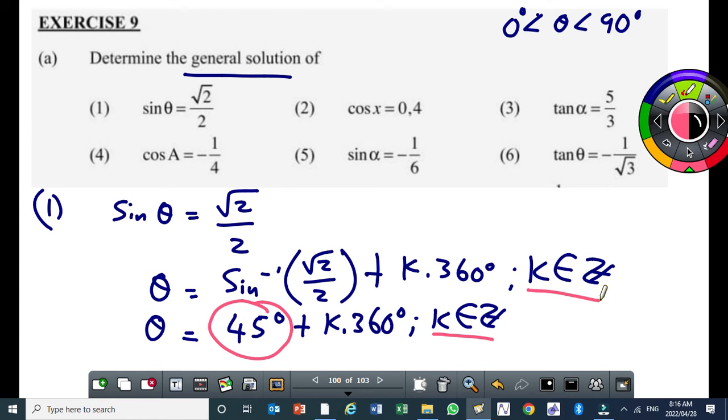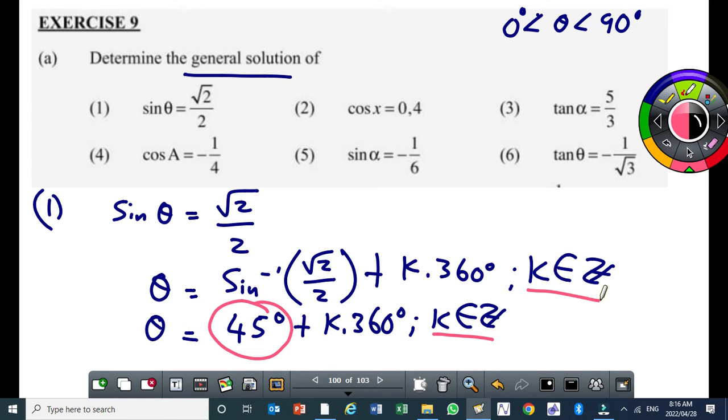We use k, but if you read some textbooks, they may also use n. But in my teaching, I'll use k. And k is the most common letter which is used to represent the integers when you are dealing with the general solution. So always you have to write that this k here is an integer. There is a mark allocated for that.